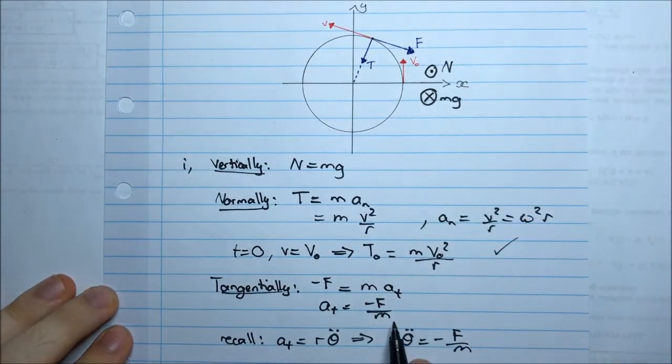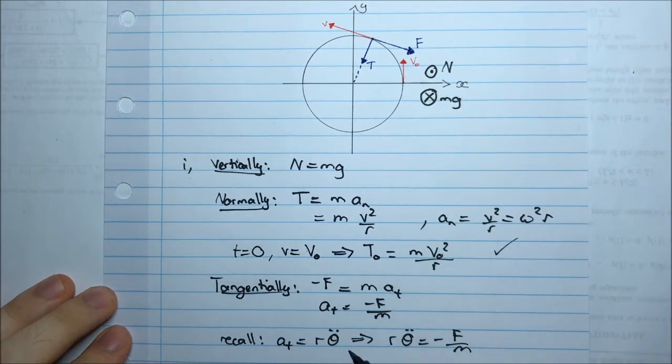Now I should say that at this point you can consider continuing the problem in two different ways. You can go off into the angular dimensions, which is what I'm going to do. Or you could in fact continue in linear space, and that would also be fine.